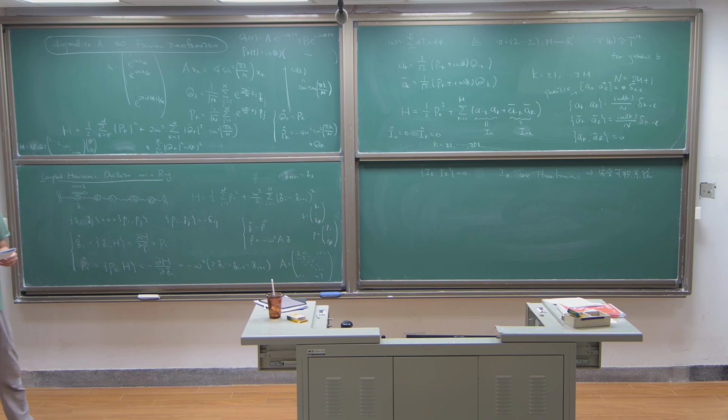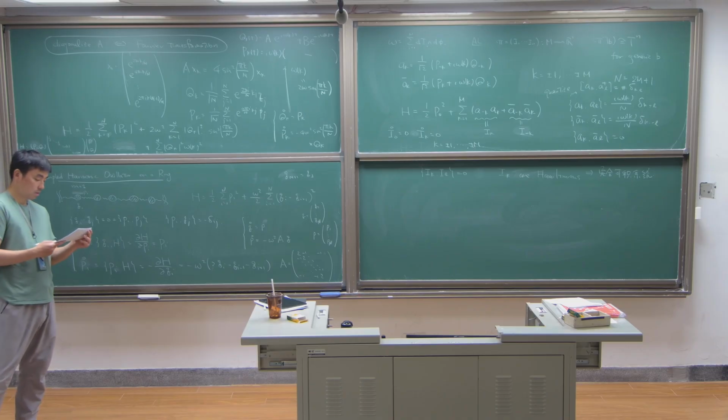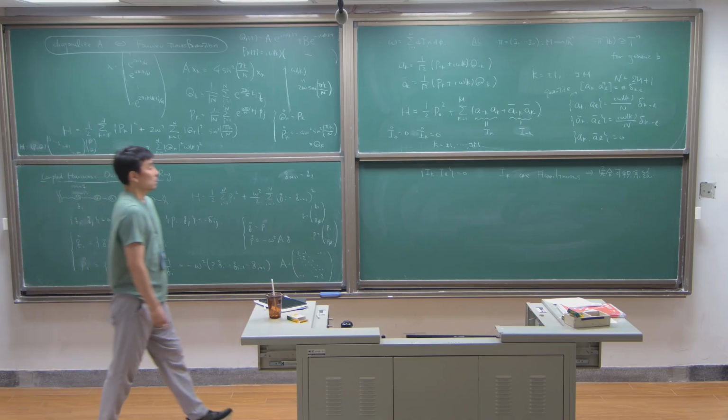So that's what happened. Okay, so this is the end of the symplectic geometry. Any questions? Okay.